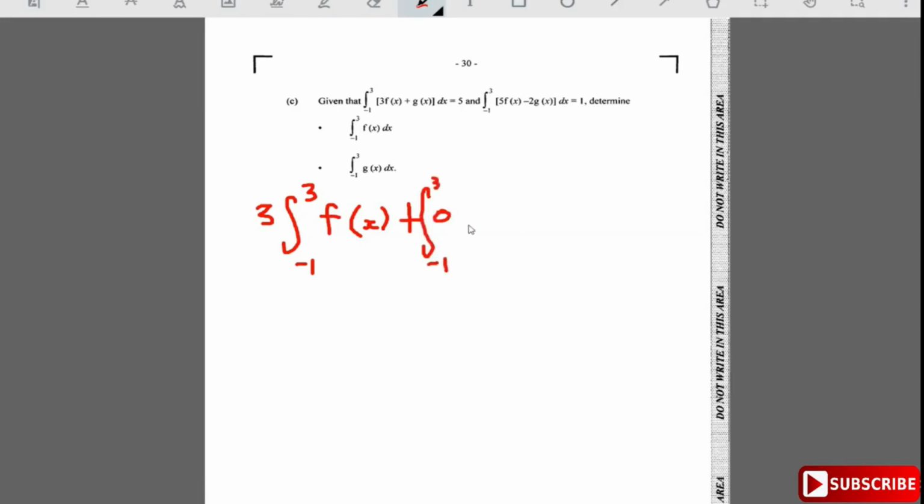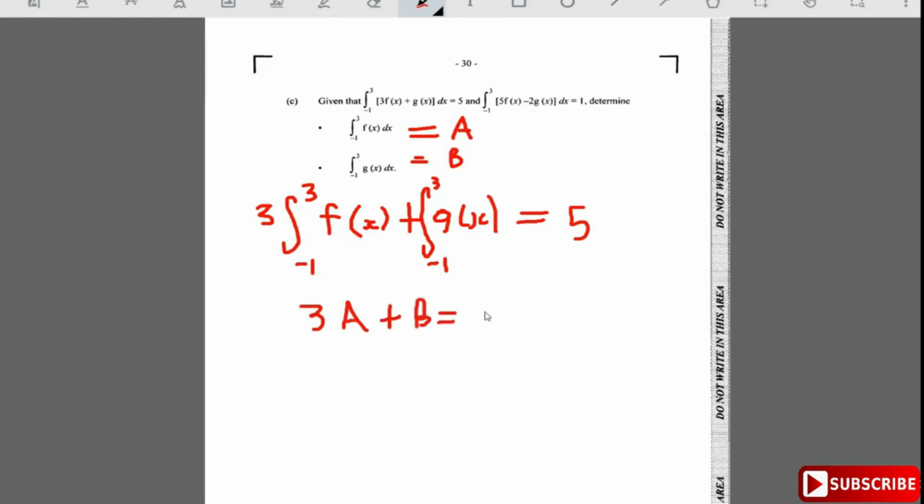I left off the dx, I know. This is equal to 5. Now look what I'm going to do. I'm going to call this integral a for now, and call this integral b. So what they're really telling us is that 3a plus b is equal to 5.